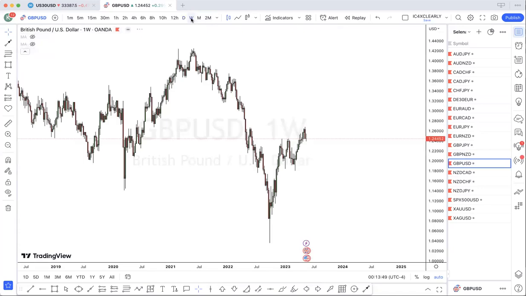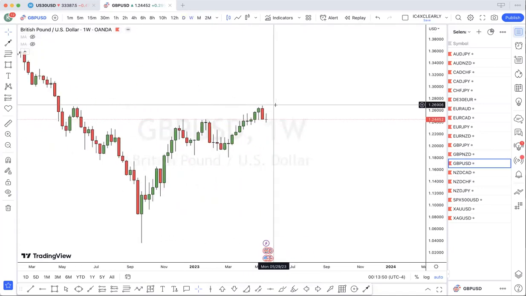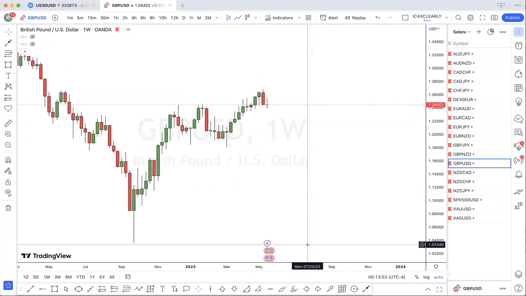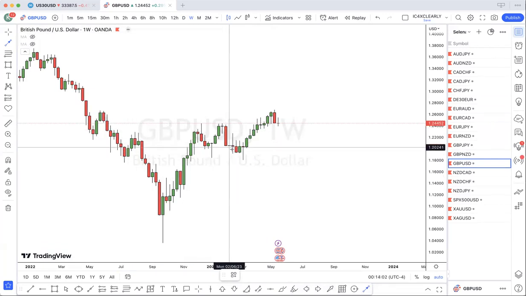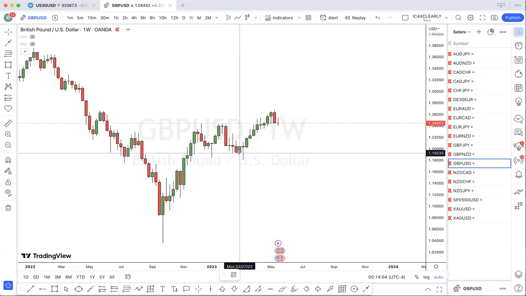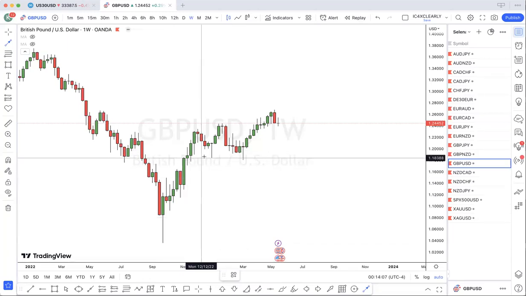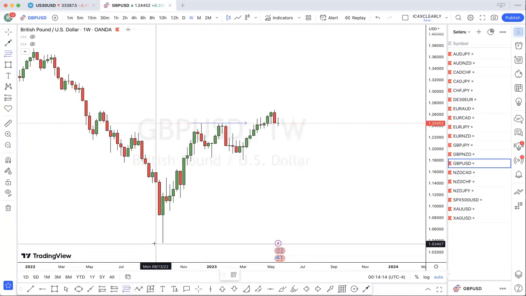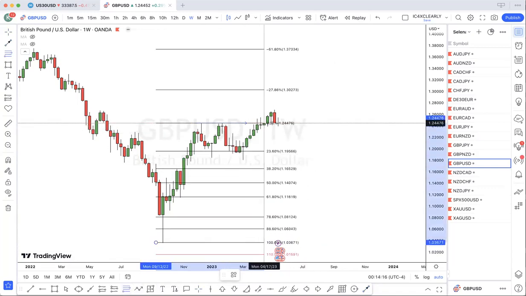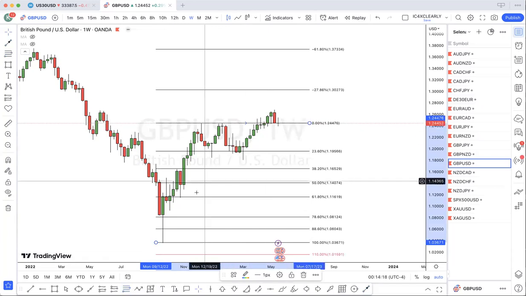Next, we have GBP USD, and we have a bearish order block for GBP USD. Price, okay, so we broke this high here. We pulled back. And I'm going to fib from this low to this high.